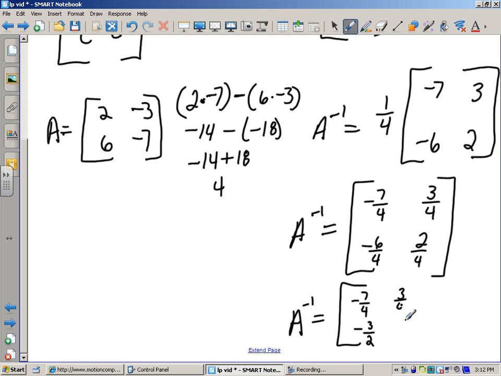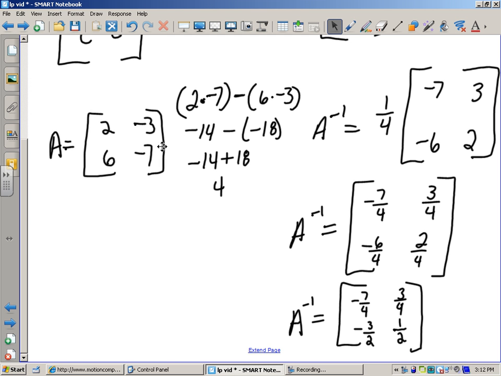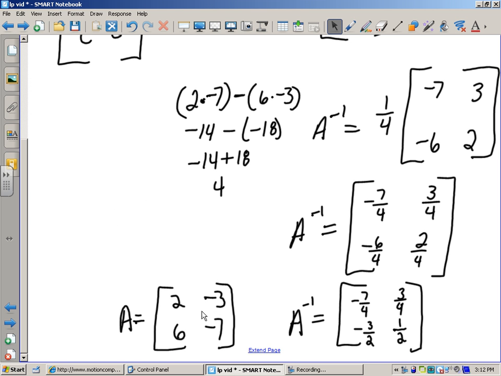Do the same thing with 2/4, and we get 1/2. So, here's A. Here's the inverse of A. Now, that's how you do it.